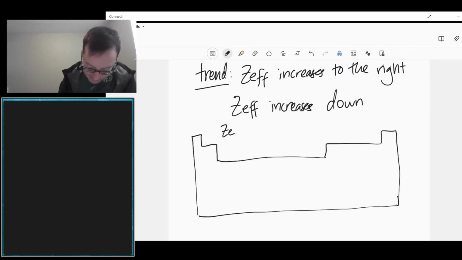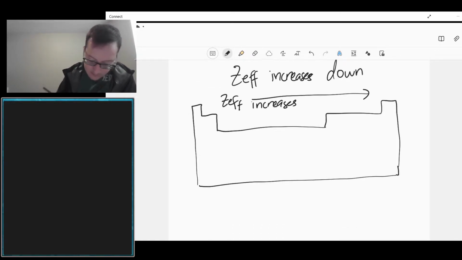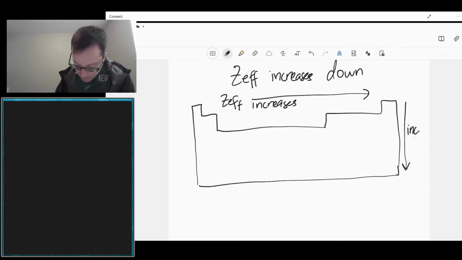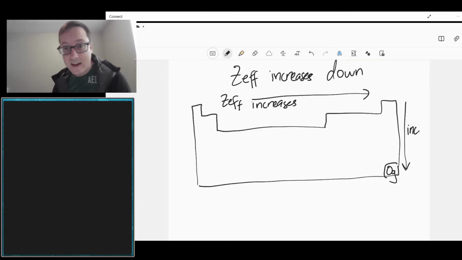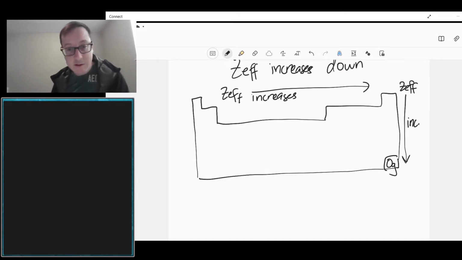We're going to see that Z effective increases as we go left to right, and it also will increase as we go down. So we're expecting oganesson here to probably have the greatest effective nuclear charge. Oganesson is the bottom right corner. So it increases as we go left to right, and increases as we go down.